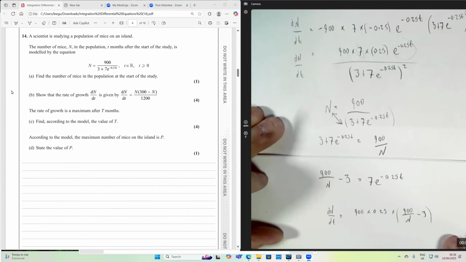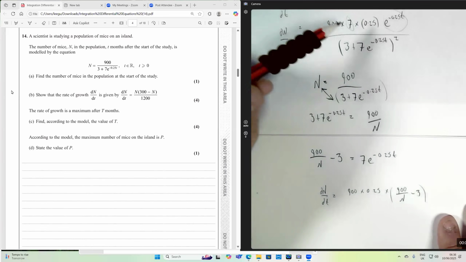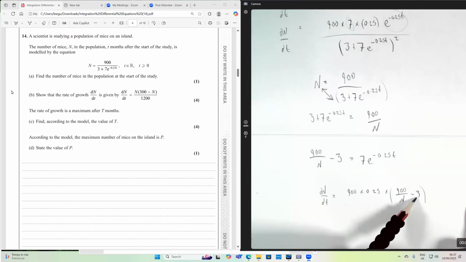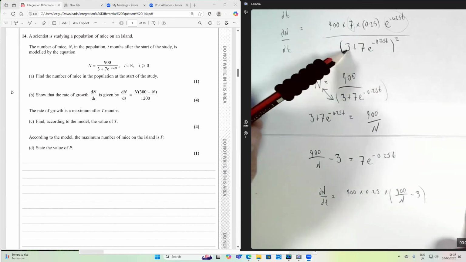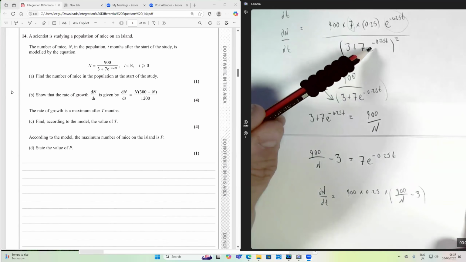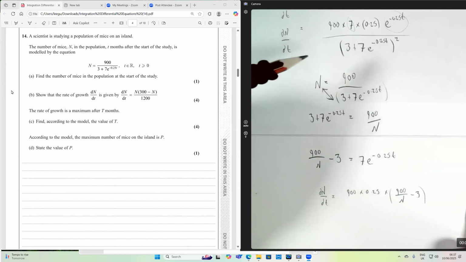So in that dn by dt, you can see that that and that have been replaced by that. Quite nice. Now we're going to do a similar argument as a way of getting rid of this 3 add 7 e to the minus 0.25t.